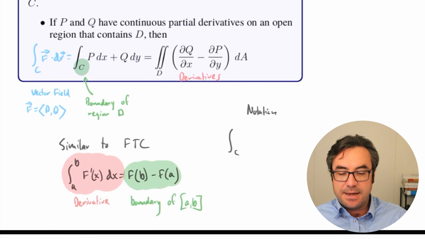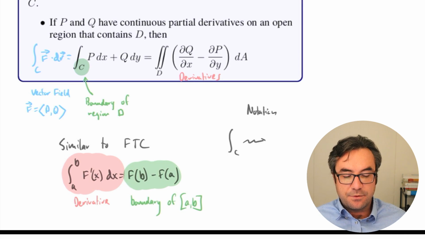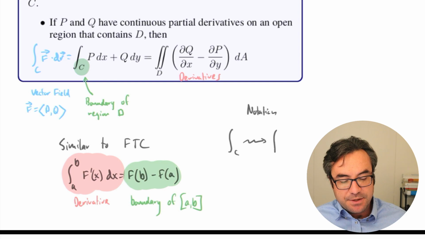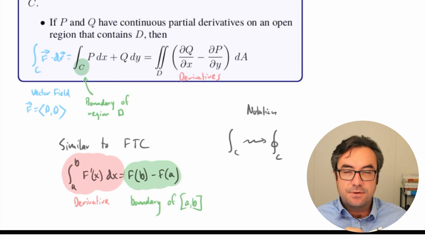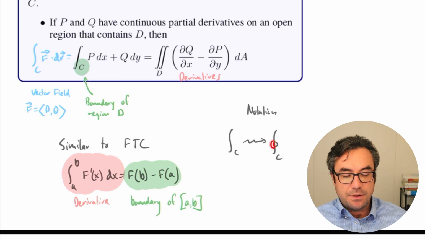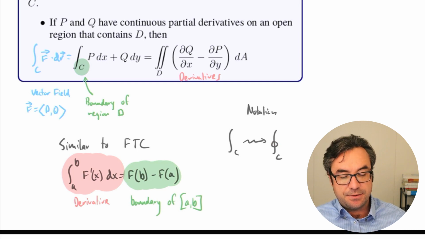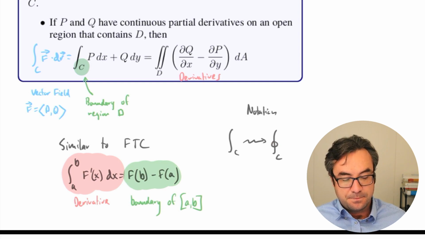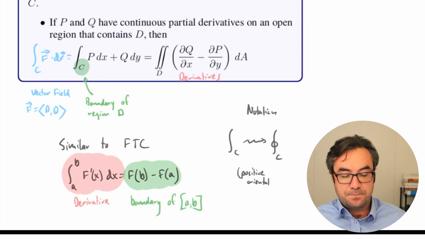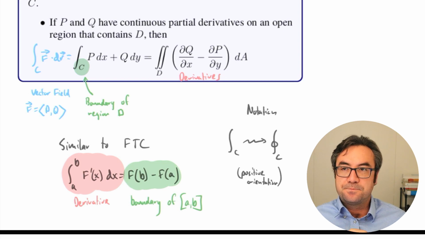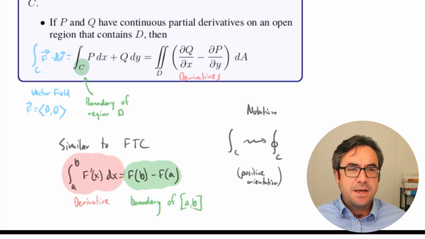Sometimes, rather than writing just the line integral over curve C, we might write this with this little circle in the middle of our line integral. And this just means it has positive orientation. We'll see what that means in a second.